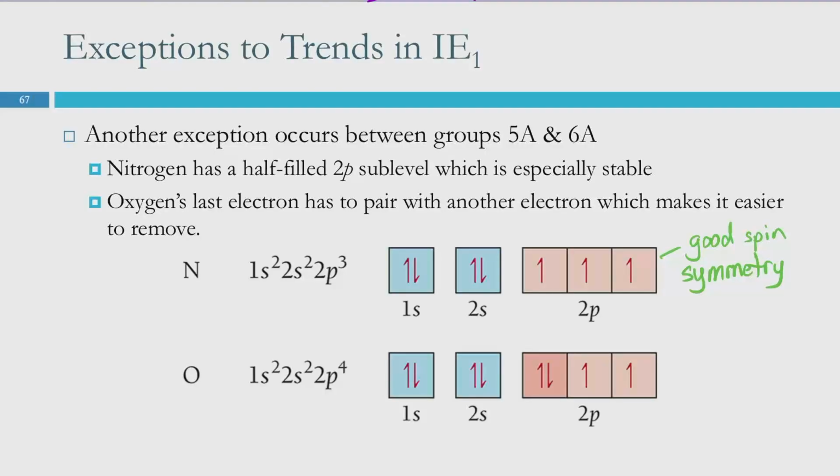So if we remove one from nitrogen, we're breaking that symmetry. For oxygen, we're removing this one paired electron, and removing that brings us to a half-filled shell.